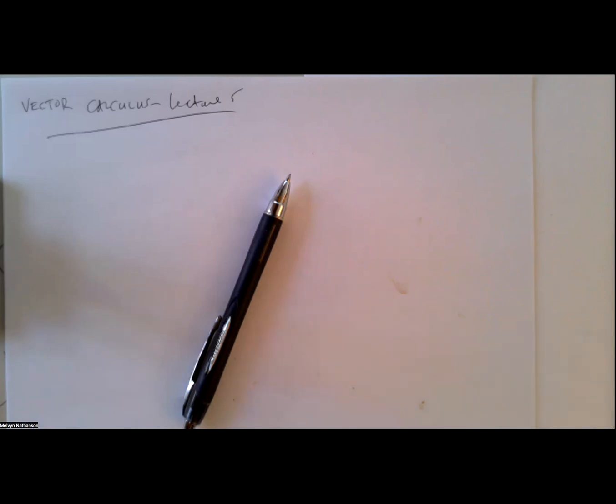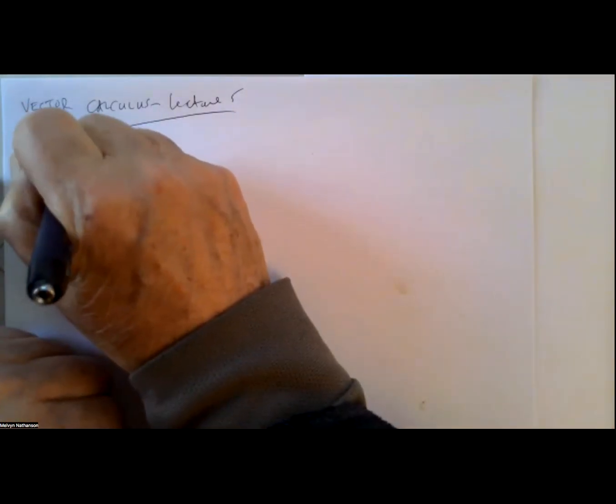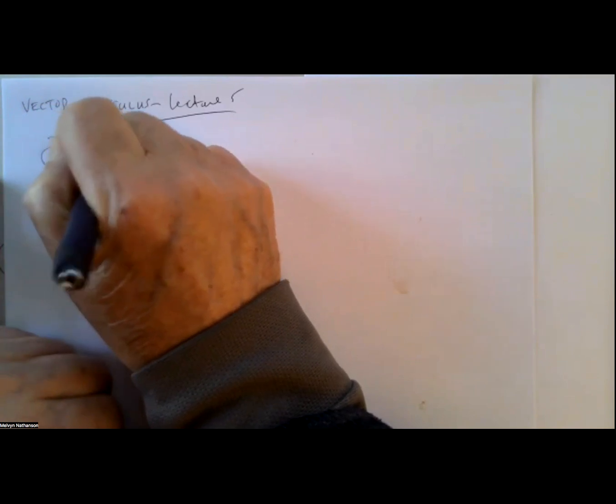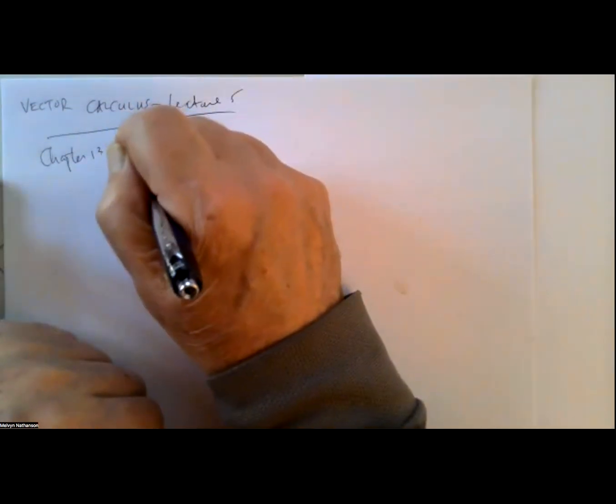And what we've been studying is chapter 13. And the last section in chapter 13 is what we do today. So chapter 13 is vectors in the geometry of space.